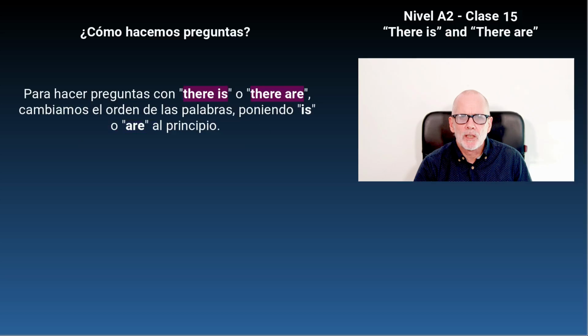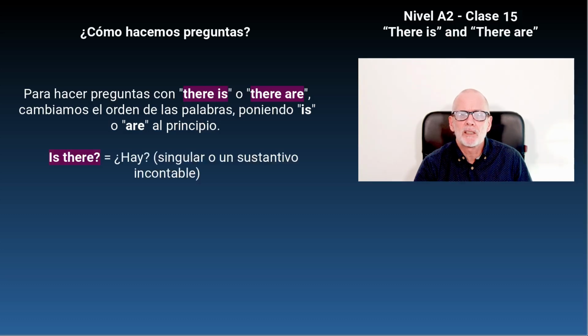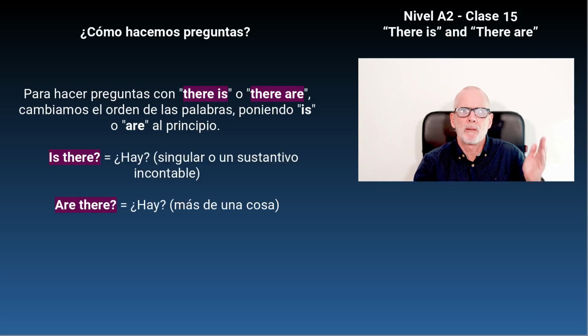Ok, vamos a seguir con preguntas. Y para hacer preguntas, lo que tenemos que hacer es cambiar el orden y en cambio de decir there is o there are, decimos is there o are there. O sea, ponemos el verbo be primero, seguido por el there.